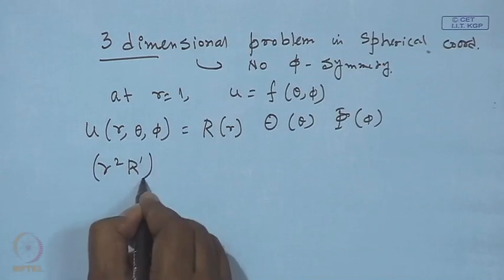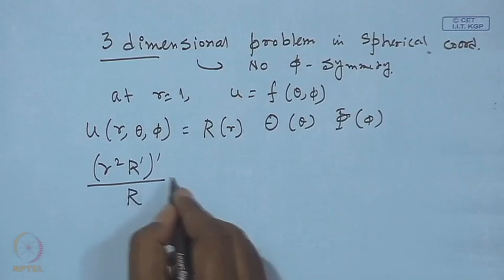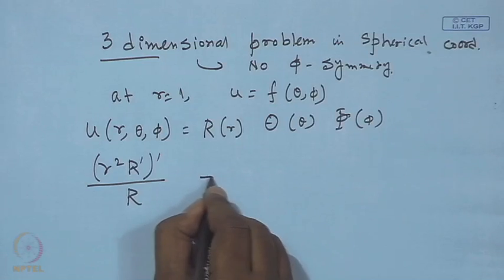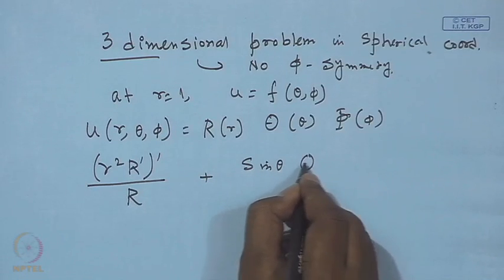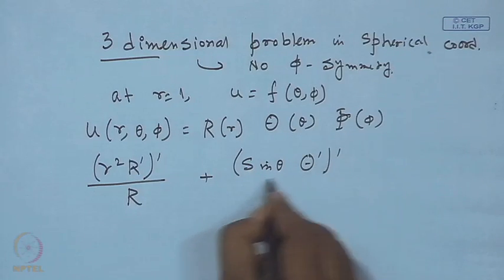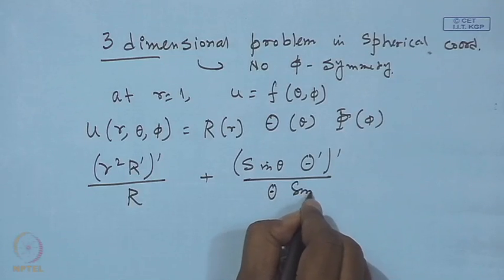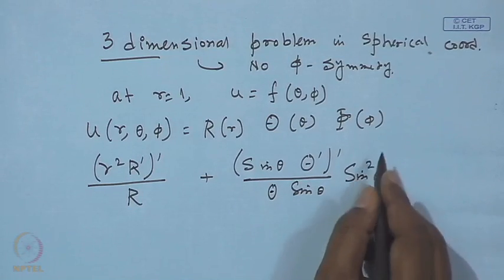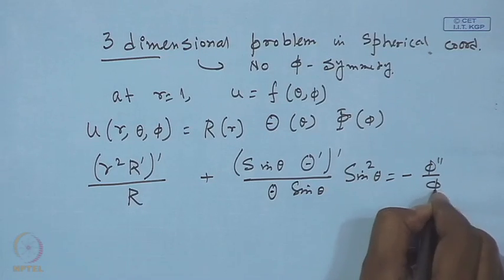We have done this type of thing lots of times earlier. So, differentiation is with respect to the variable. So, plus sin theta Theta prime of that divided by Theta sin theta, sin square theta is equal to minus Phi double prime divided by Phi.